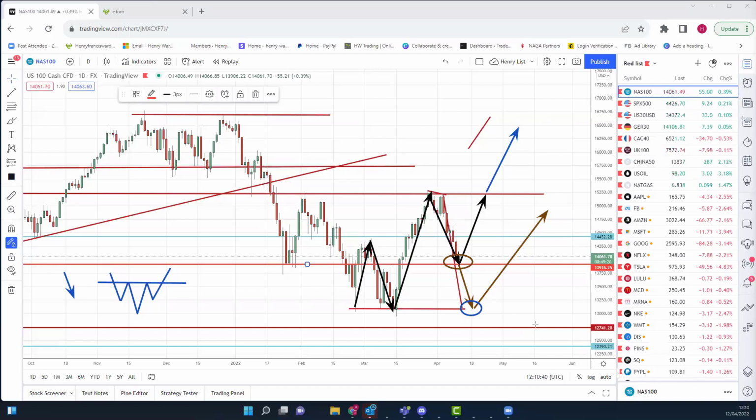So from just you guys alone, which of the two structures do we think would play out better? The inverse head and shoulders or the triple bottom? Okay, so the general consensus is a triple bottom.